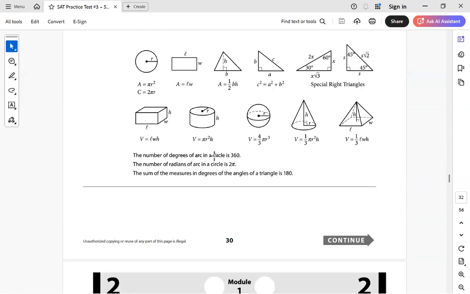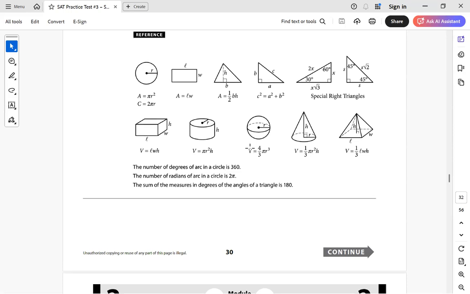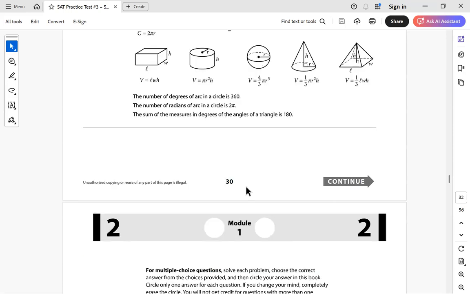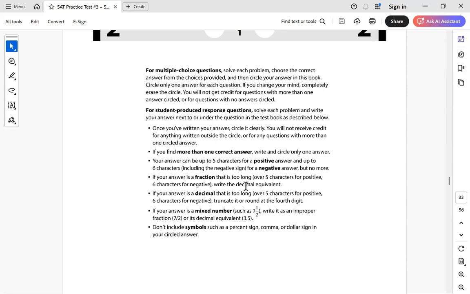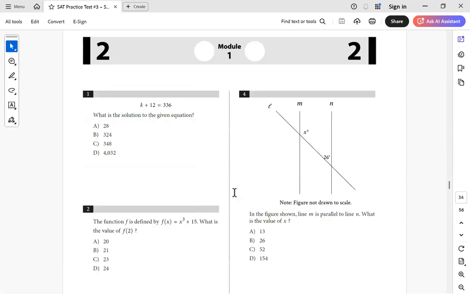Module 1 begins on page 30. The first page of this module has a formula sheet, a fact sheet. The second page describes how to format and write the answers. Then the questions start.